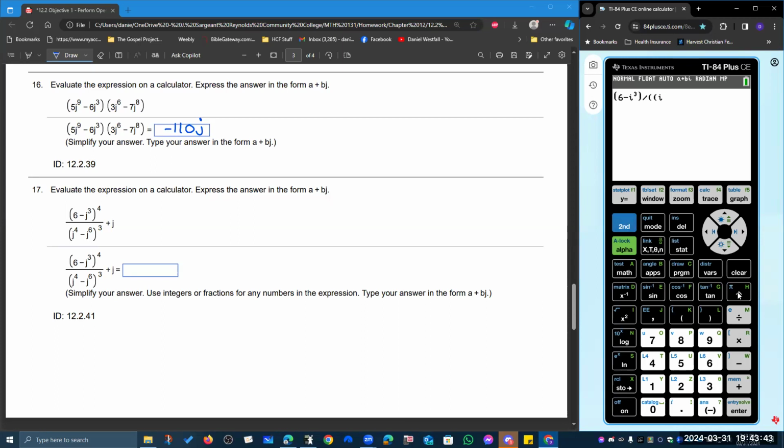I to the 4th minus I to the 6th, close parentheses, raise that to the 3rd, close parentheses for the denominator, and then plus an extra I on the end, and then math, answer the fraction, and I get 3/4 plus 9/8 I.